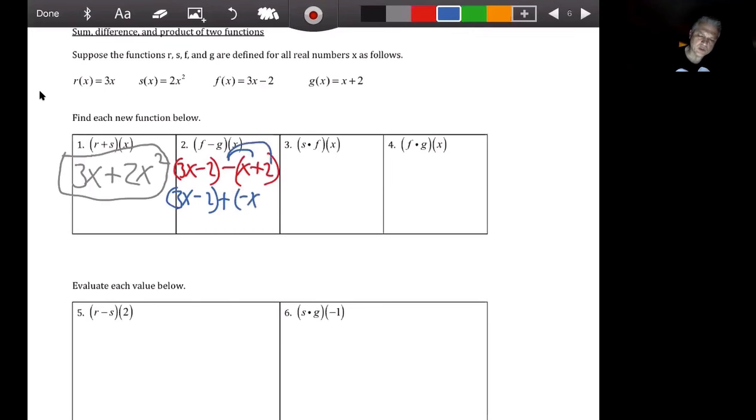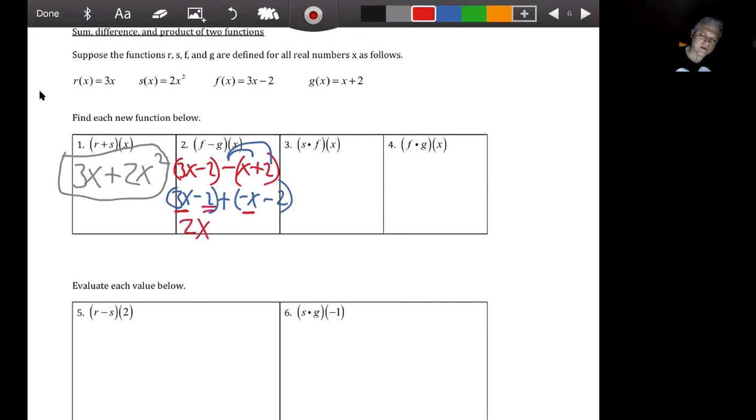So you distribute the negative to the positive x and the positive 2, and change all the signs. Once you've changed the signs, now it's just adding. 3x plus negative x is 2x.